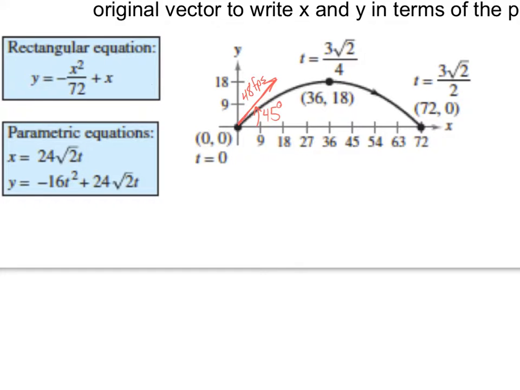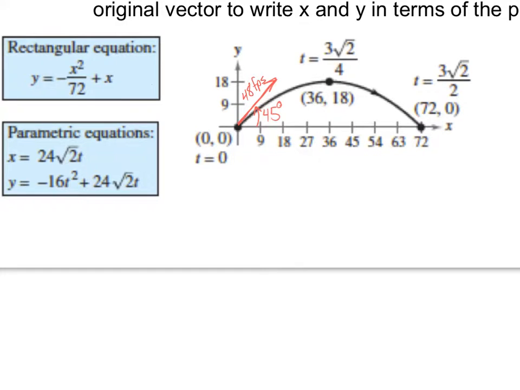Now, to deal with parametric equations, we want to represent our vertical position at a given time and our horizontal position at a given time. You see here, we already have the parametric equations written down for us, but I want you to see where these come from.